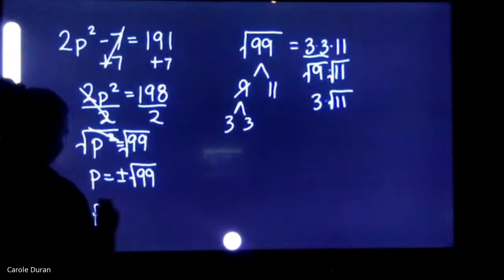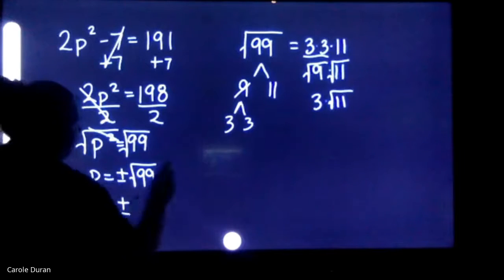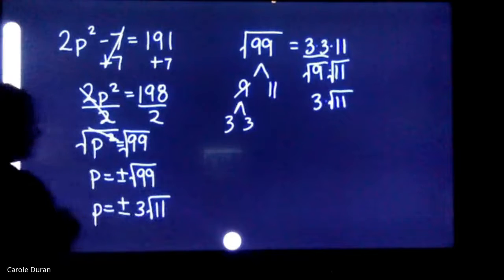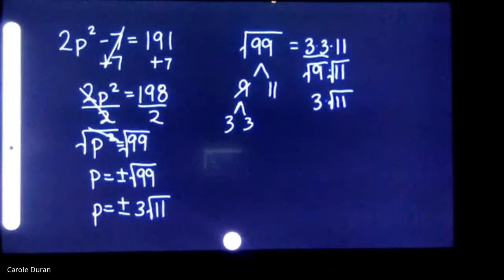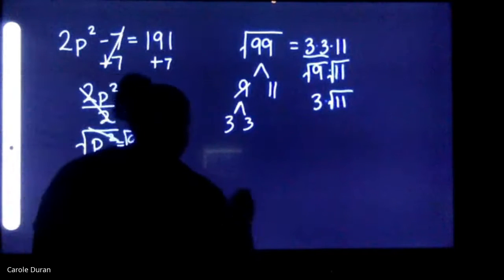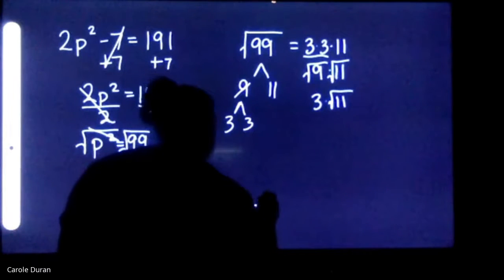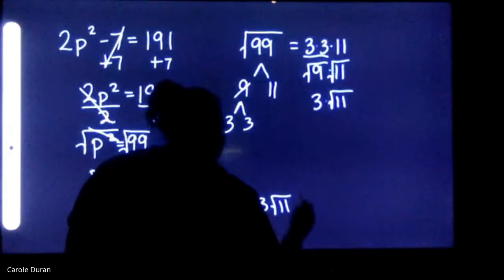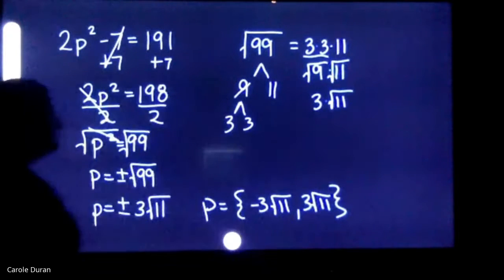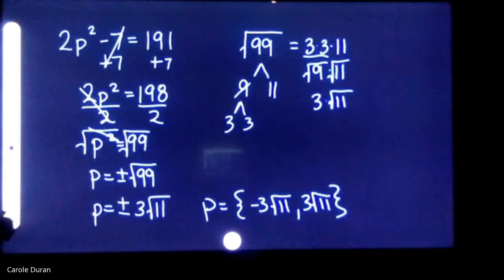When I do, I get p equals plus or minus 3 times the square root of 11, which of course we can break up and put into the curly brackets. So I get negative 3 square root 11 and 3 square root 11. And then I'm finished.